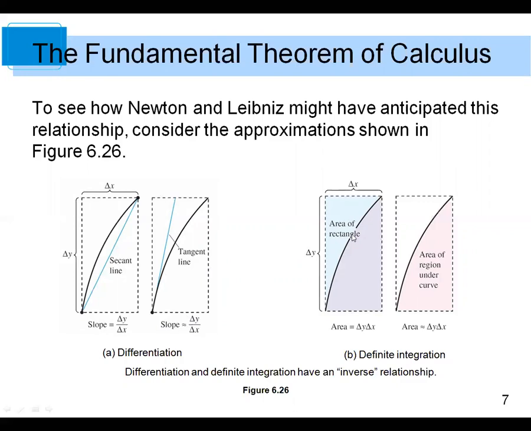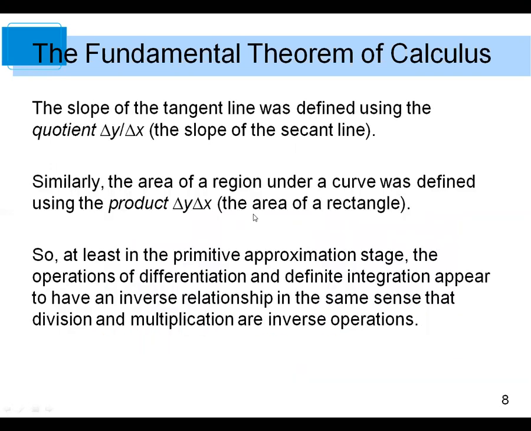The area under the curve, we first approximated with a rectangle. So we had the change in y, which would have been the height, times the change in x, which would have been the width. And then we took the limit as the thickness of the rectangle approached 0. So the area was approximately base times height, which is change in y times change in x. So they have this kind of inverse relationship there.